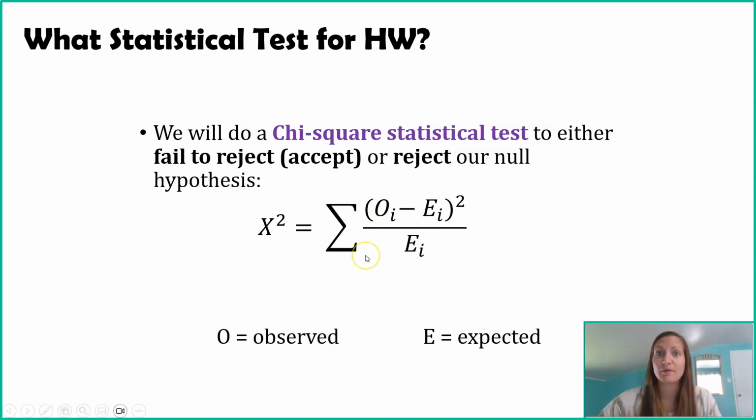It equals sigma, remember that means sum, of your observed value minus your expected value, squared, divided by your expected value. Your observed values are what the problem gave you: what was your population actually like? Your expected values are what you got when you plugged into the Hardy-Weinberg equation: the different expected numbers of individuals. If your population was in Hardy-Weinberg equilibrium, what would your population look like?